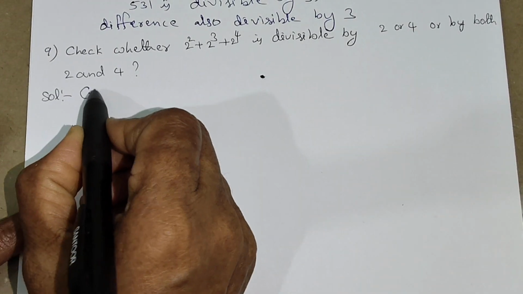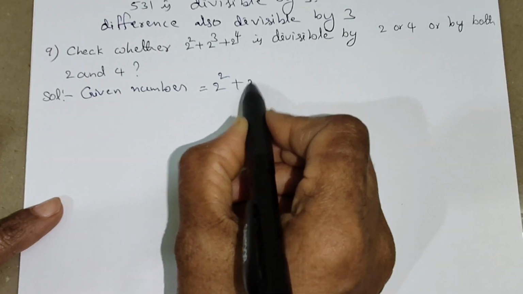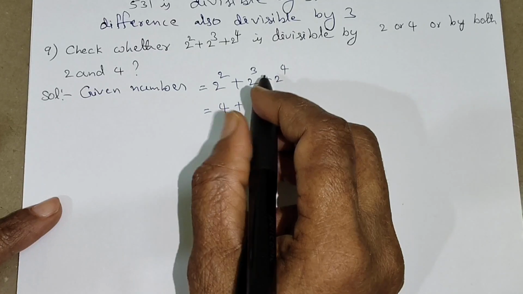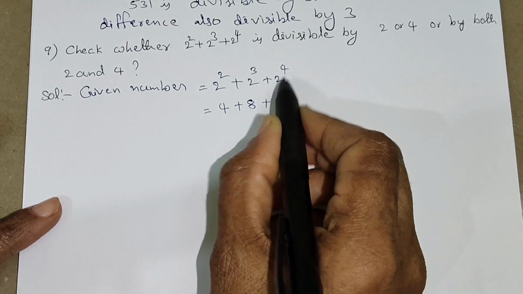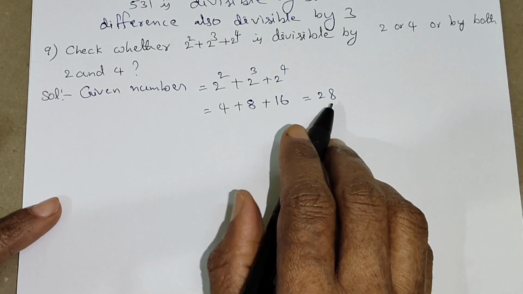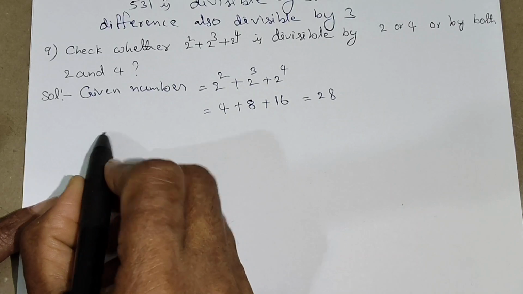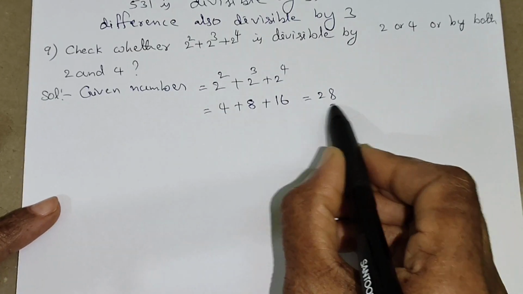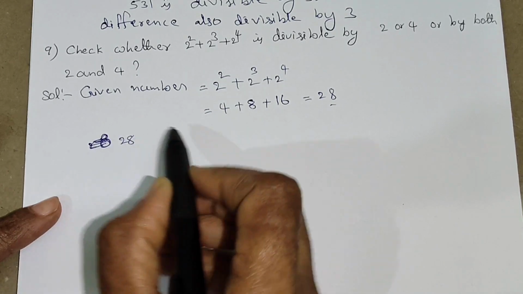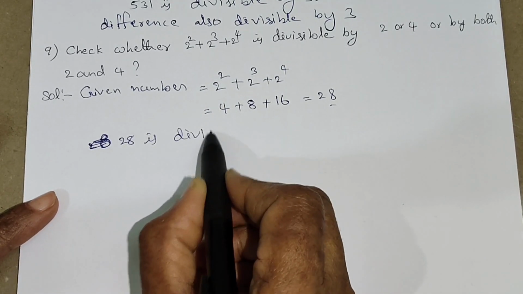The given number equals 2 power 2 plus 2 power 3 plus 2 power 4, that equals 4 plus 8 plus 16, so that equals 28. Now we check 28, first for 2 and 4. The units place is 8, which means this number is divisible by 2.